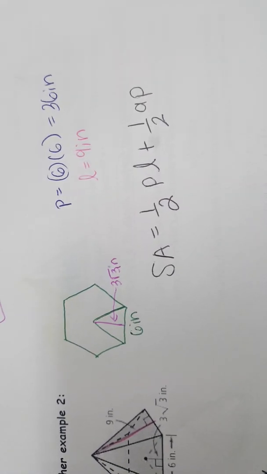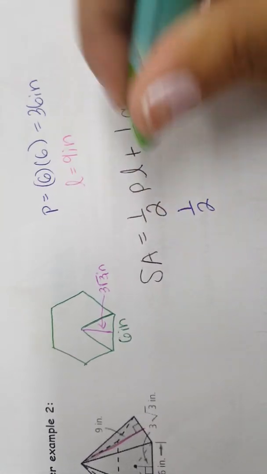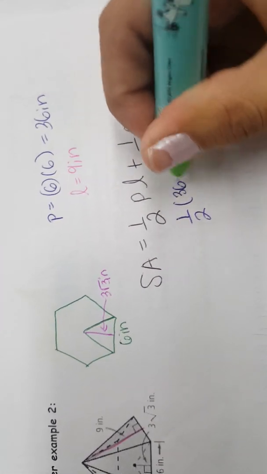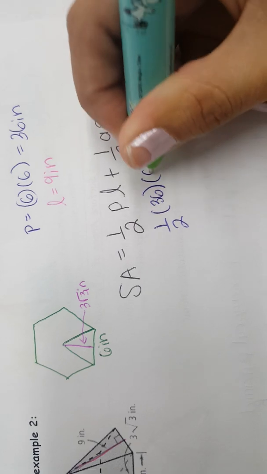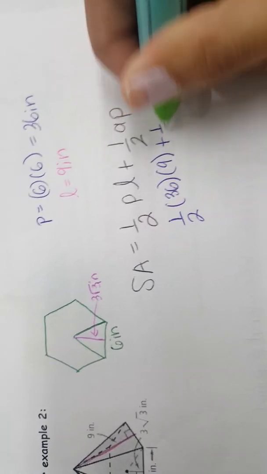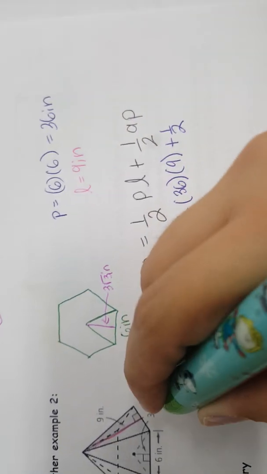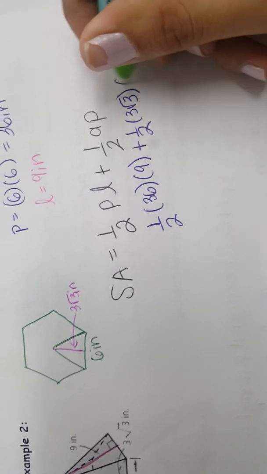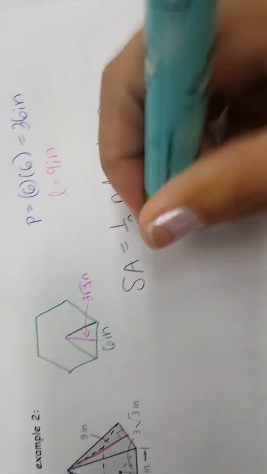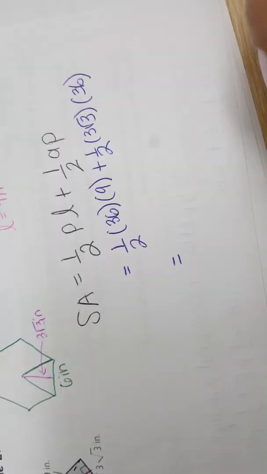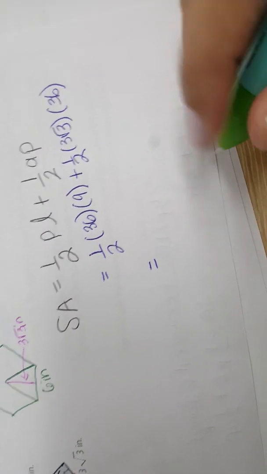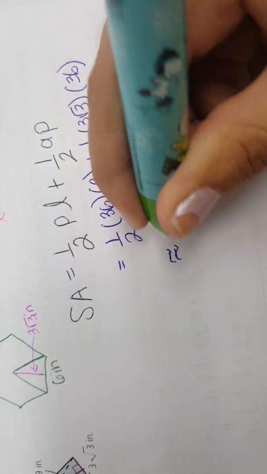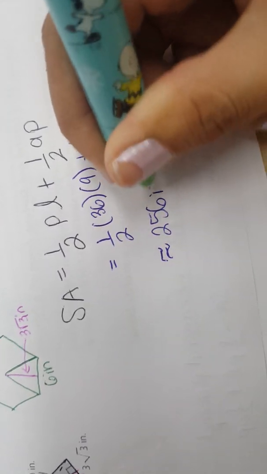Substituting in the values, we end up with 1/2 times 36 times 9 plus 1/2 times our apothem, 3 radical 3, times the perimeter, 36. If you plug it into the calculator, you should end up with approximately 256 inches squared.